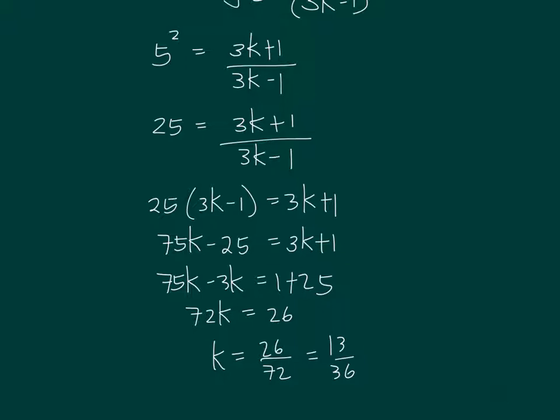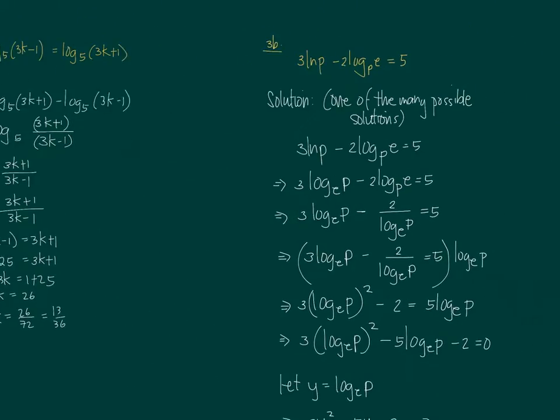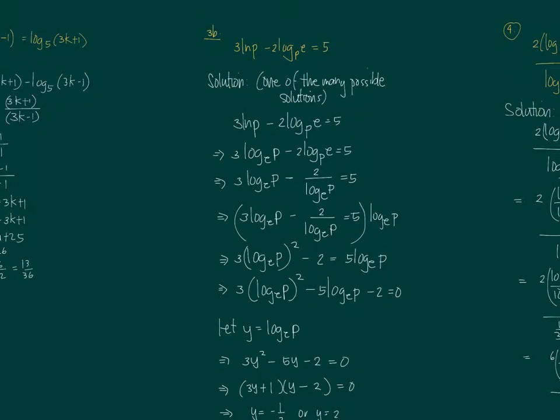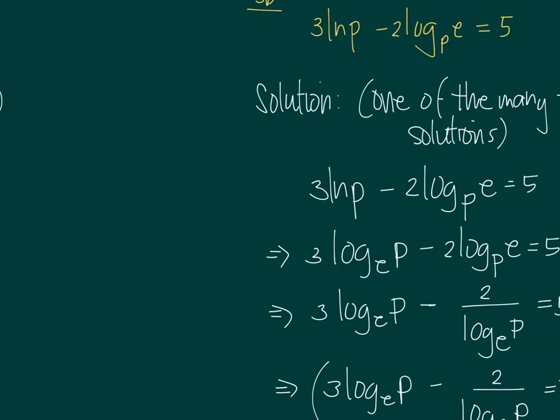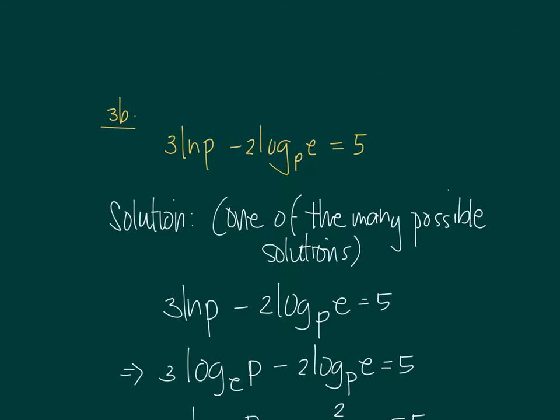Okay, and then 3b. This is a bit different from the previous one. You see a lot of letters. You have b, you have e, and you have log and ln. ln simply means natural logarithm, and for natural logarithm the base is e.